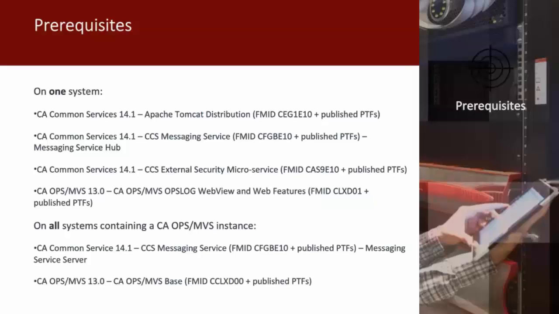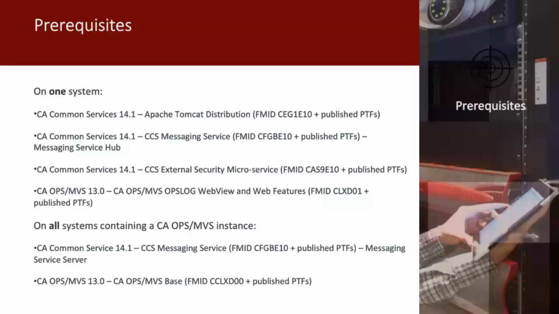On a single mainframe LPAR in your environment, you must install the following: the CA Common Services version of the Apache Tomcat servlet engine, which is used to host the MTCA web application; the CA Common Services Messaging Service Hub component, which is used to transport data between the MTCA web application and the participating Ops MVS instances; the CA Common Services External Security Microservice, which is used to provide authentication and authorization services for MTCA; and the OpsLog WebView and Web Features component of Ops MVS, which contains the MTCA web application itself.